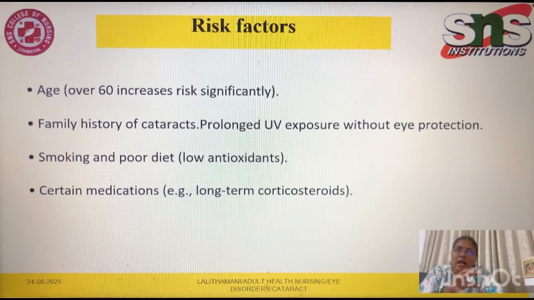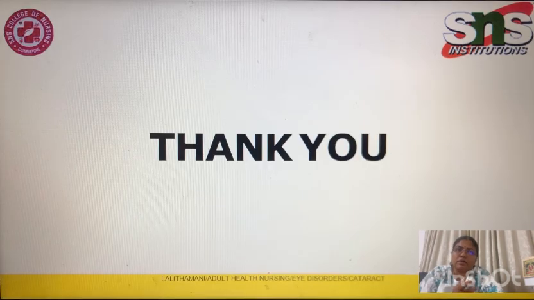The risk factors are age over 60 years, family history of cataract, prolonged exposure to UV rays without appropriate eye gear, smoking and poor diet low in antioxidants, and certain medications like steroids. We have also seen the four main types of cataract.